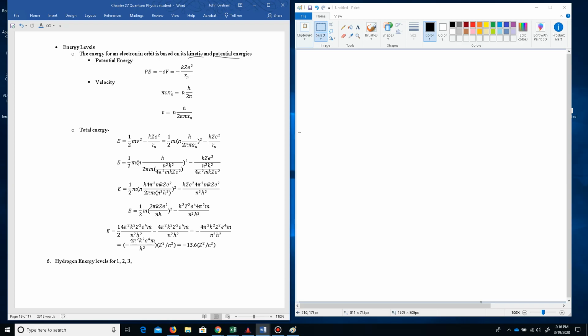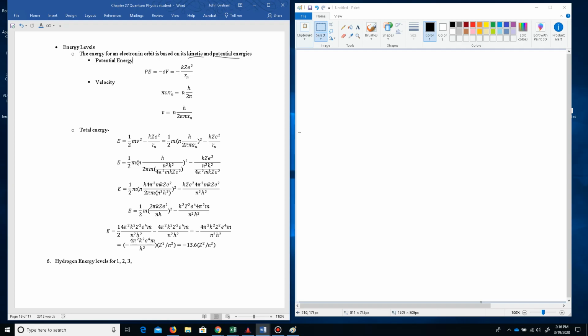And then velocity, we can look at from the angular momentum, mvrn, and that's equal to nh over 2 pi. If we solve this for velocity, we get nh over 2 pi m times the radius.